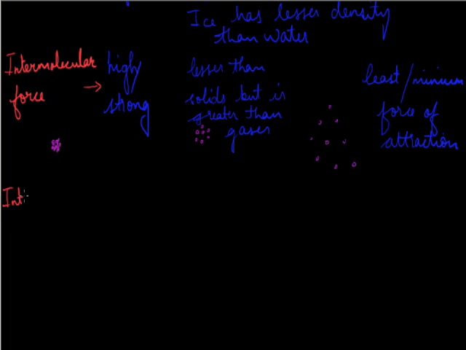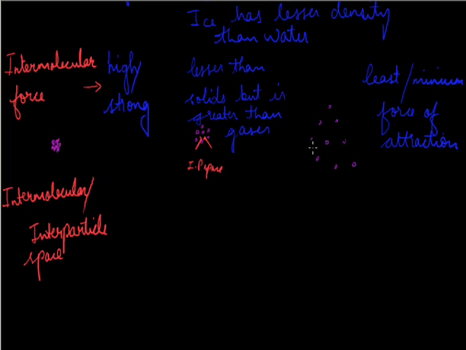Now we talk about intermolecular or interparticle space. The spaces in between, these vacuums, are the interparticle space. Here you can see the space has increased. In this case it is less and it is least in this case.